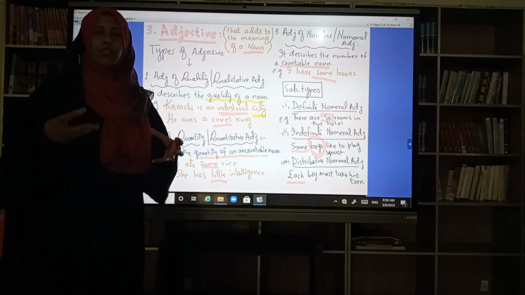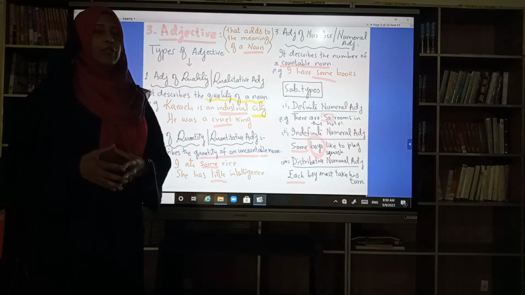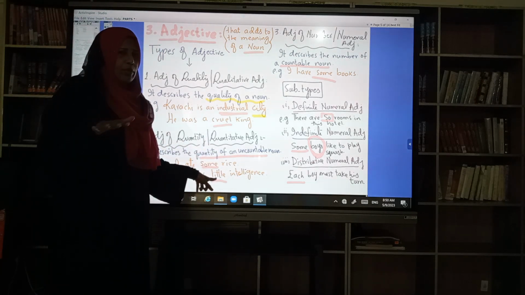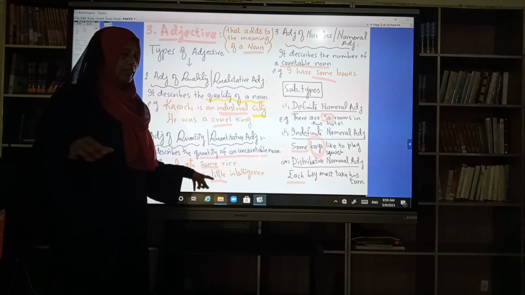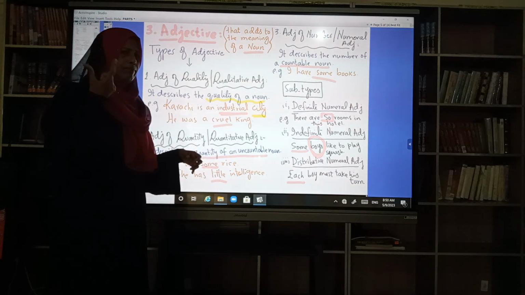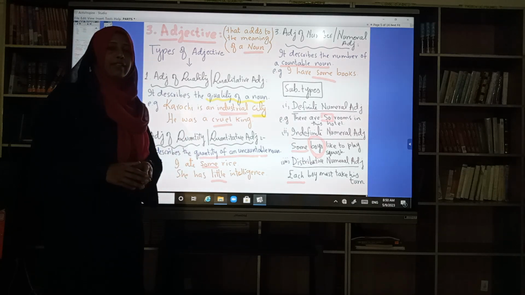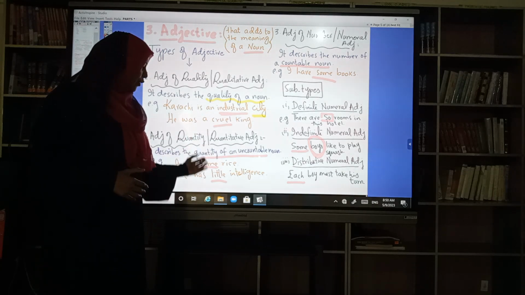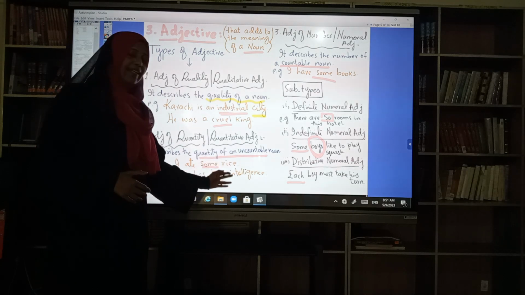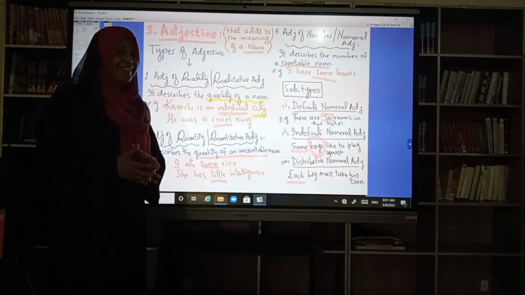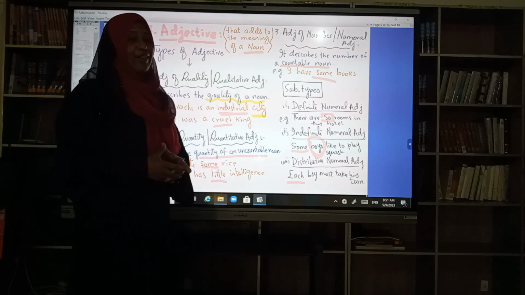It goes into a negative connotation, because it means she has no intelligence. A little means a little, not so much, but a little. So in both these sentences, some and little, that are qualifying the nouns rice and intelligence, are known as adjective of quantity or quantitative adjective.